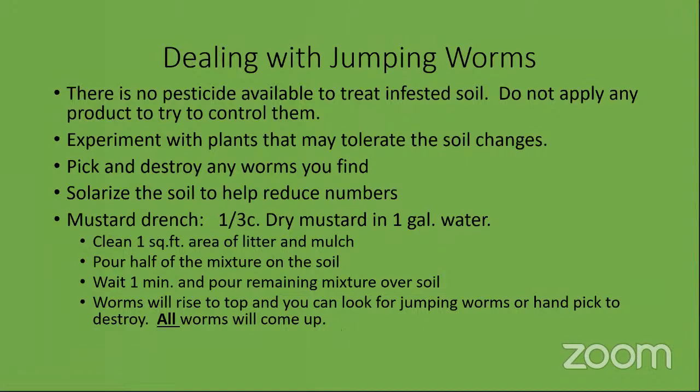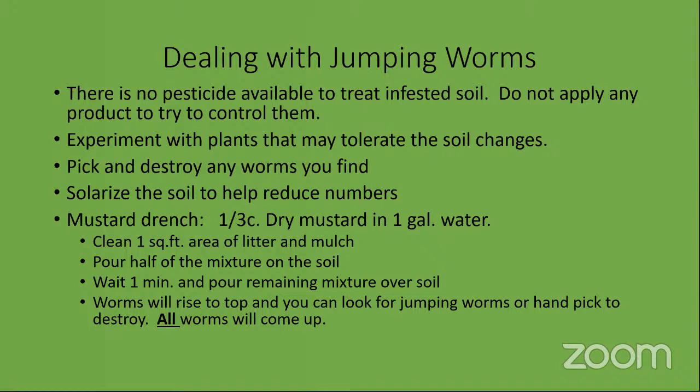There's no pesticide that will treat infested soil, so don't apply any product to try to control them. You can experiment with plants that might tolerate the soil changes. In fact, the UW is doing a study now to try and find plants that people would likely be able to plant in areas infested with jumping worms.